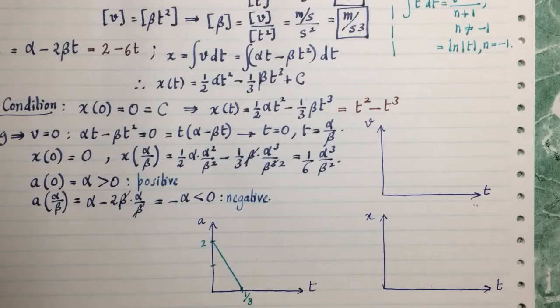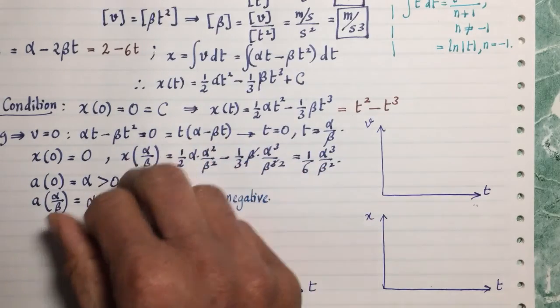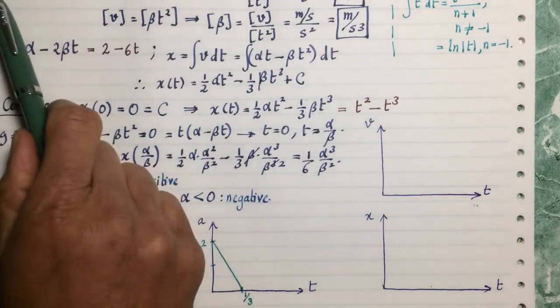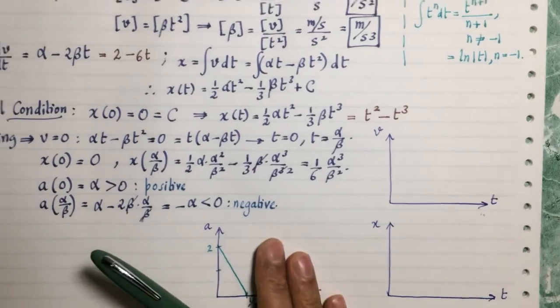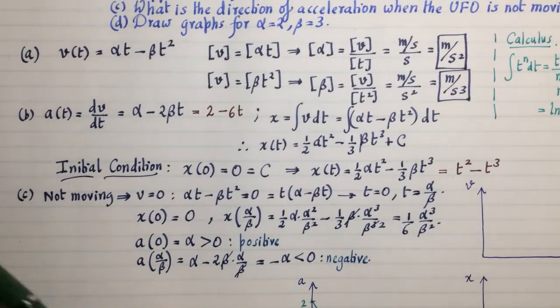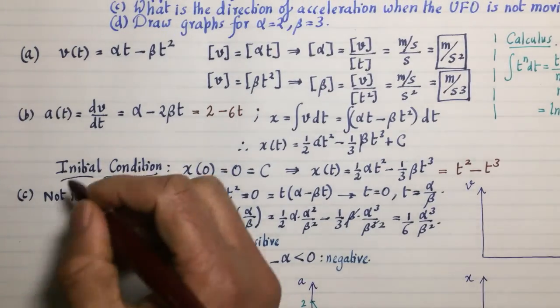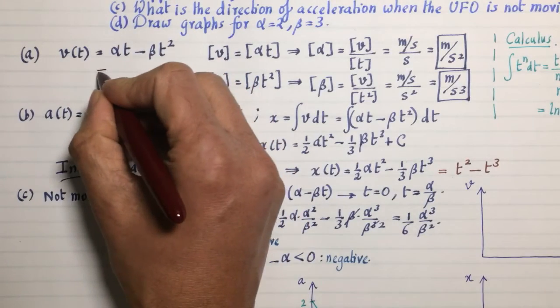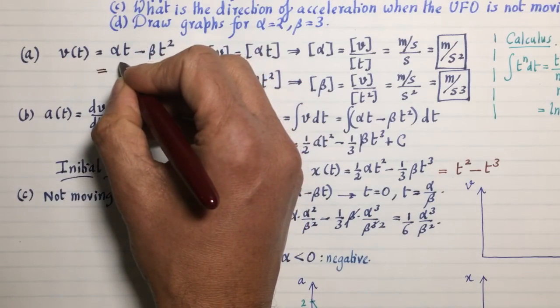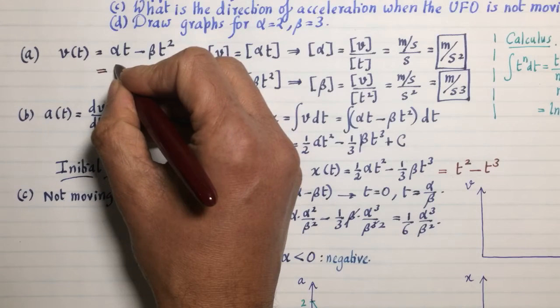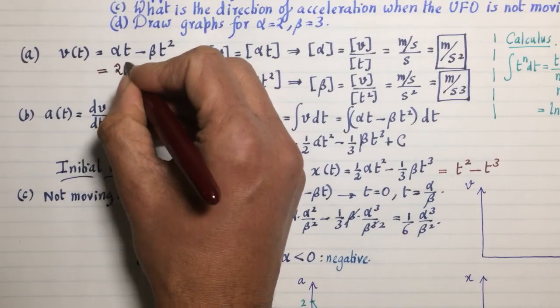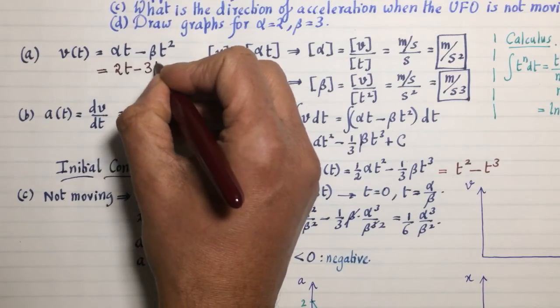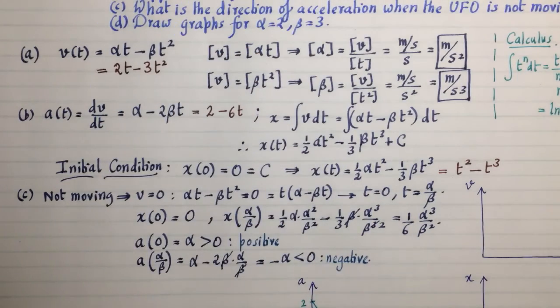What does the velocity graph look like? If I want to draw this velocity graph, it's going to be 2 times t minus 3 times t squared. So that's actually a parabola.